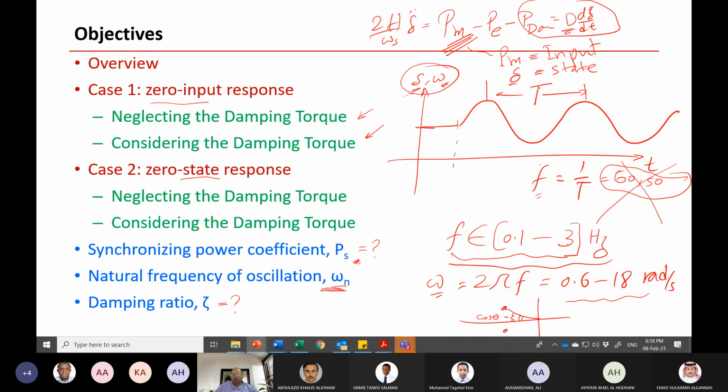If you have complex poles as such, zeta equals the cosine of this angle. And if the poles are here, how much is zeta for these poles? It's 1.